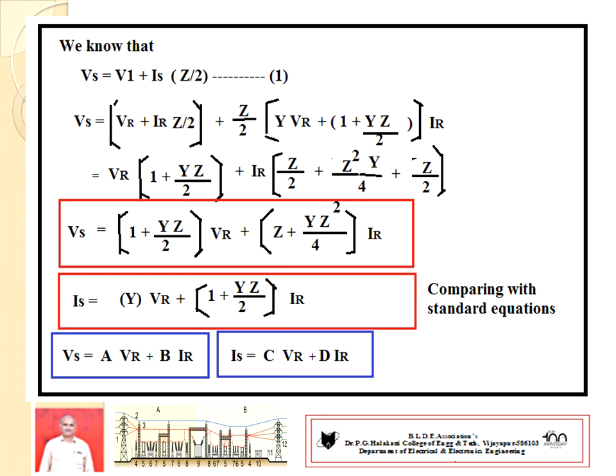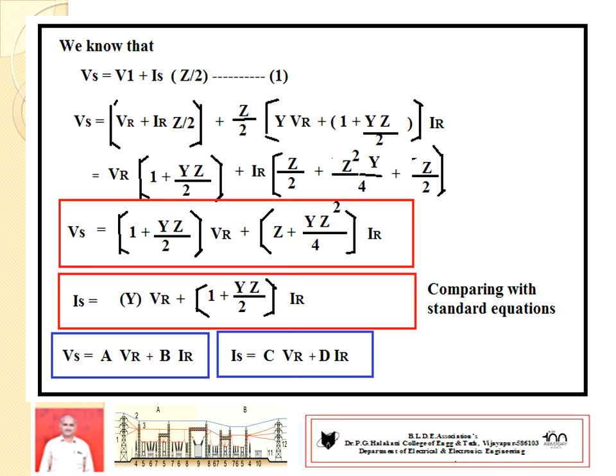Ir is common. You make the final. We get (1 plus Yz by 2) into Vr plus (Z plus Yz square by 4) into Ir. Is equals Y into Vr plus (1 plus Yz by 2) into Ir.